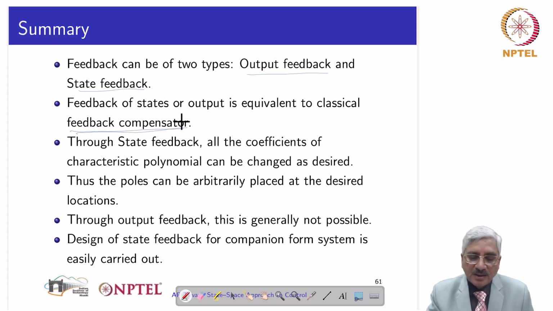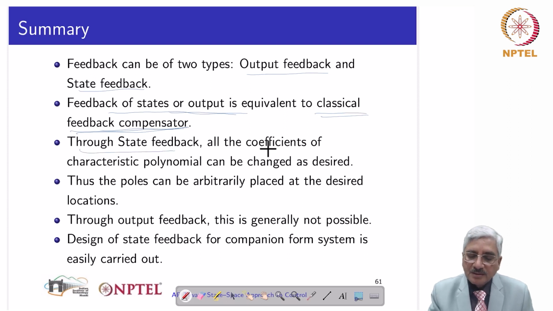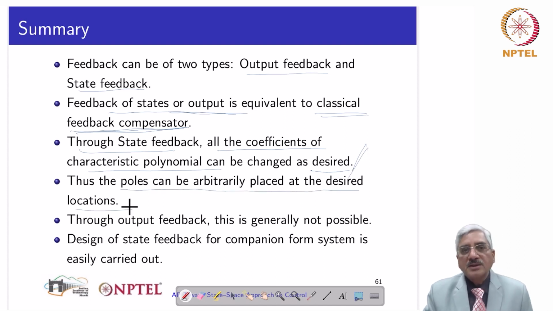With the state feedback, we get a feedback compensator. So feedback of states or output is equivalent to a feedback compensator if we look at it in the classical way. And we saw that through state feedback, all the coefficients of the characteristic polynomial can be changed as desired. This means that poles can be arbitrarily placed at desired locations, of course with the natural restriction that complex poles must appear in pairs as complex conjugate poles.